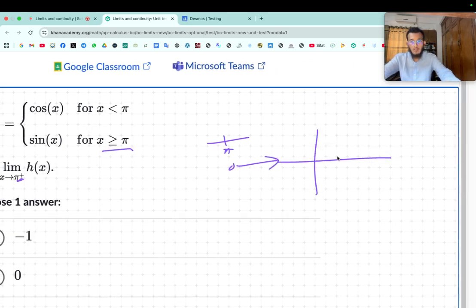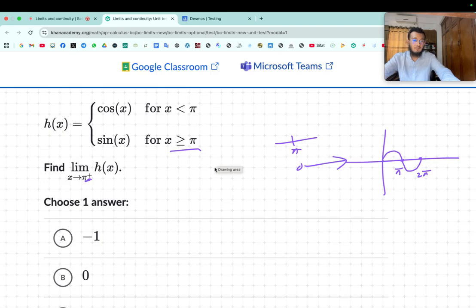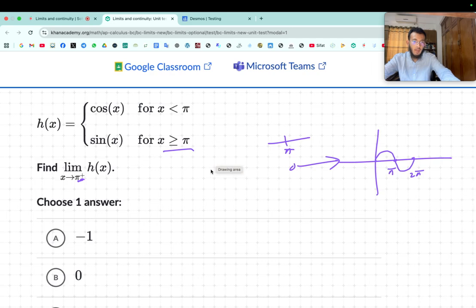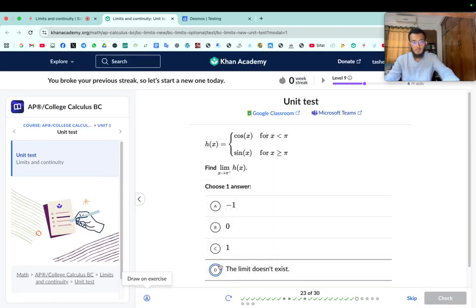So we need to find the graph of sine x. We know that this is pi, this is 2 pi, and we are told to find as x tends to pi from the positive side. So if we check from the positive side, we get a value of 0. So that's why our answer would be p.